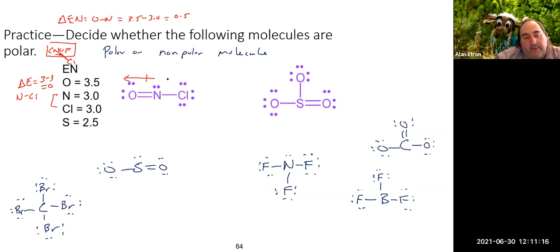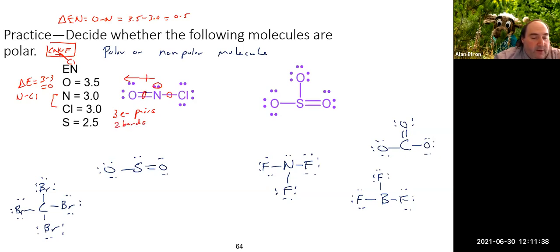So we get to the part where we're talking about there are polar bonds. There's definitely 3 or more atoms involved here, so we want to look at the molecular geometry. And obviously, in this case, it has 3 electron pairs, 1, 2, and 3. And it has 2 bonds, right?